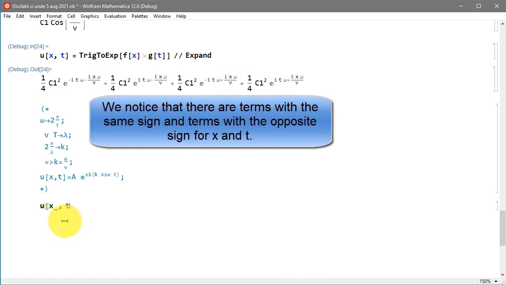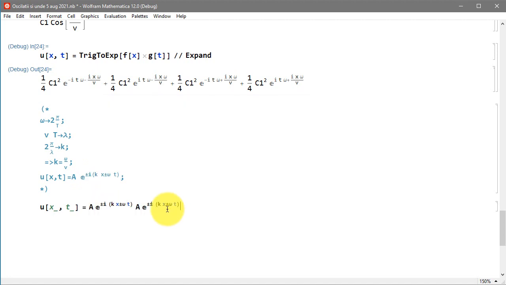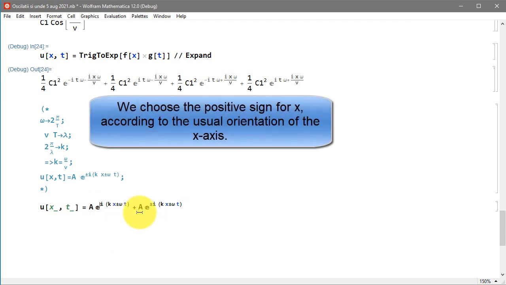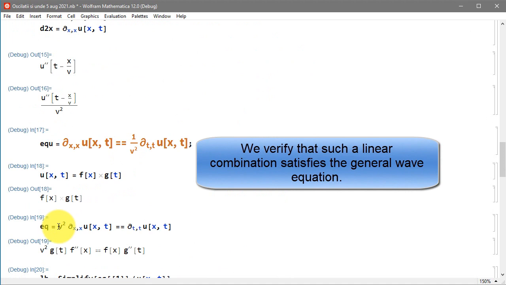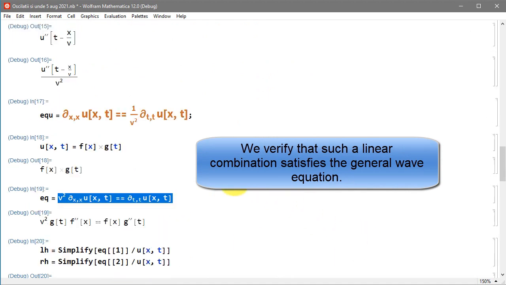We notice that there are terms with the same sign and terms with the opposite sign for x and t. We choose the positive sign for x according to the usual orientation of the x-axis. We verify that such a linear combination satisfies the general wave equation.